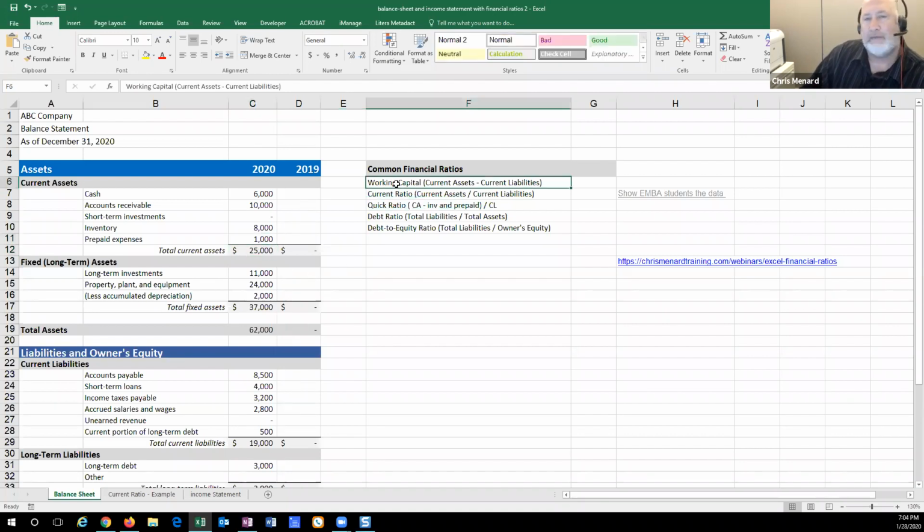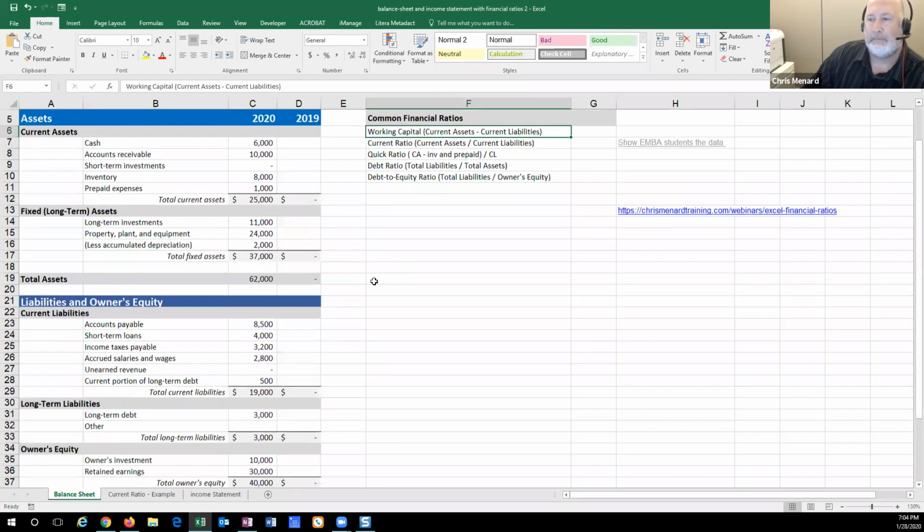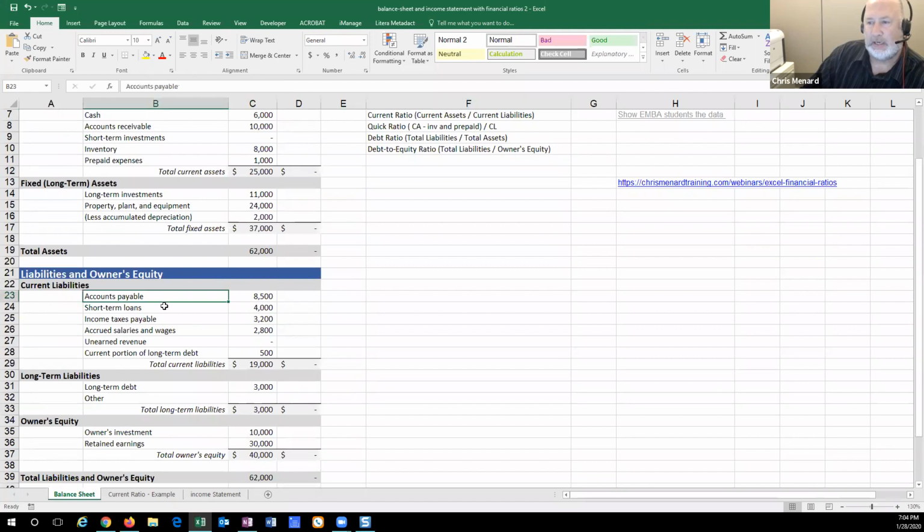So the first one we have is technically not a ratio, but it's something you need to know. It is called working capital. And I even put next to it what I'm going to do. I'm going to take my current assets and I'm going to subtract my current liabilities, which you can see down here. So that is debt that I owe within the next 1 year.